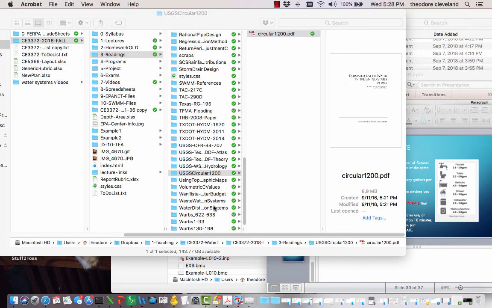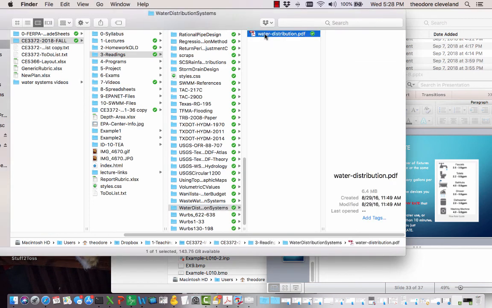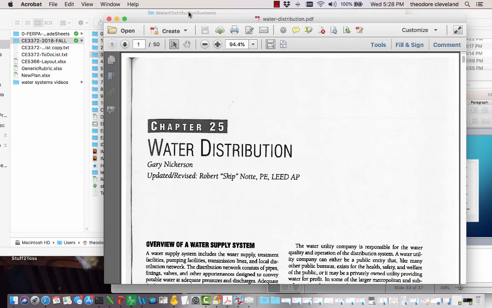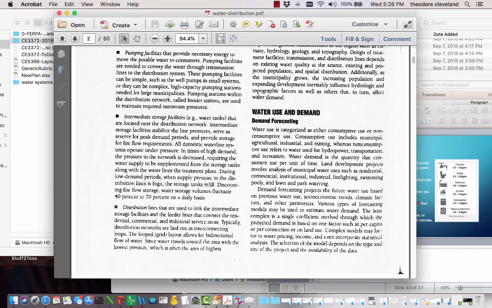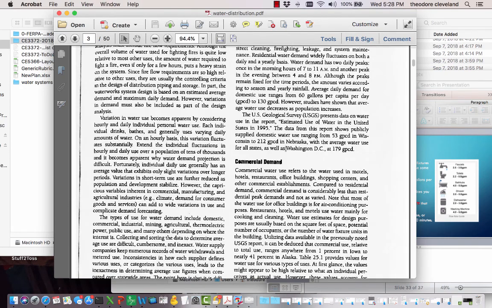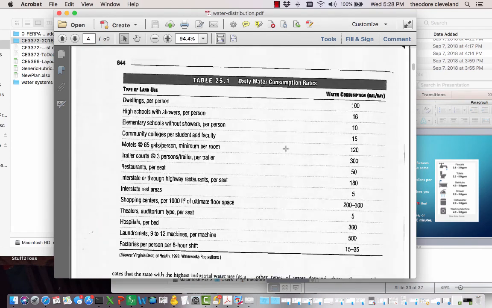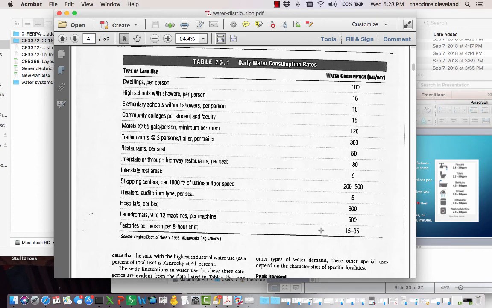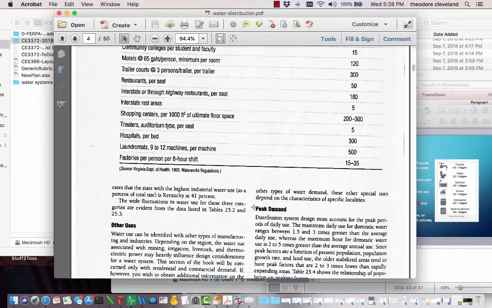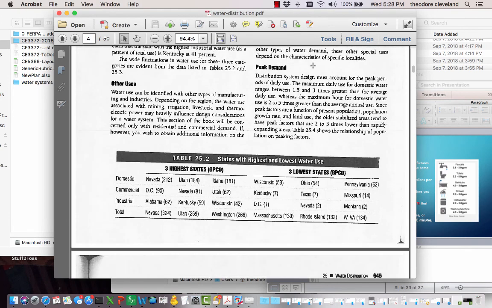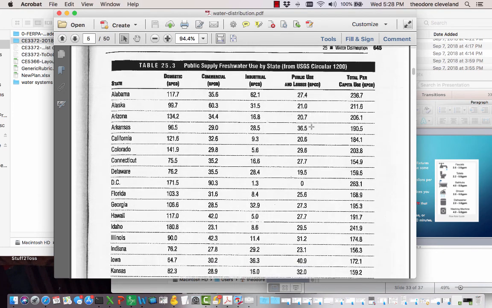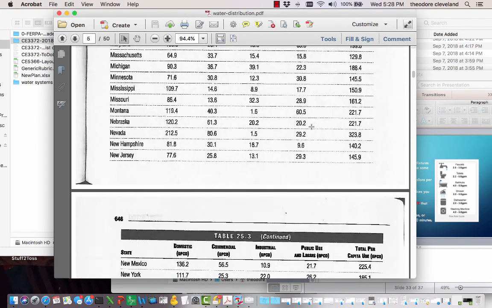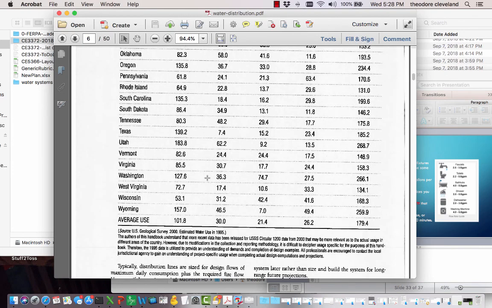If we also look at other reading material, water distribution systems, this one has a nice discussion on water use and demand, residential, commercial, and industrial demand, water consumption for some different types of land uses, peak demand versus average demand by state.